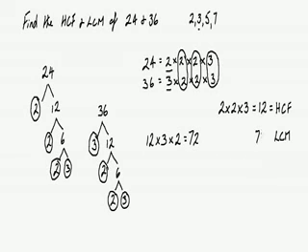So 72 is our lowest common multiple. 72 is the smallest number that 24 and 36 will both go into. Now sometimes you might just get one number that's the highest common factor, because only one number will be common, and that's fine.